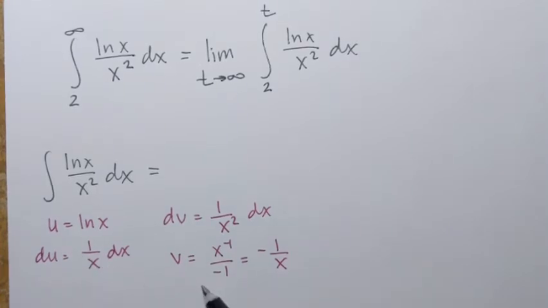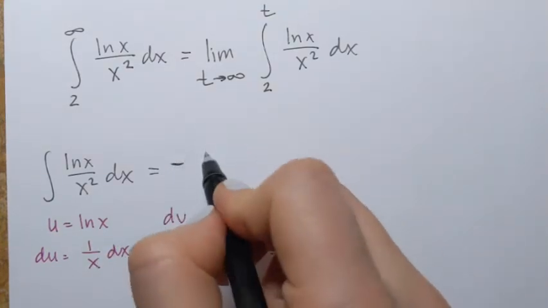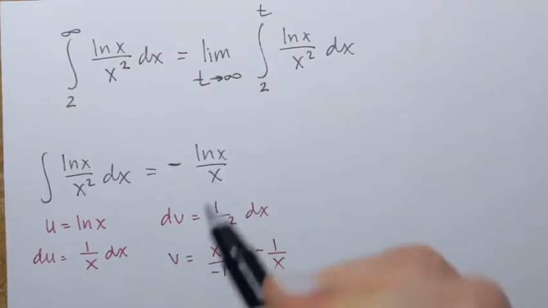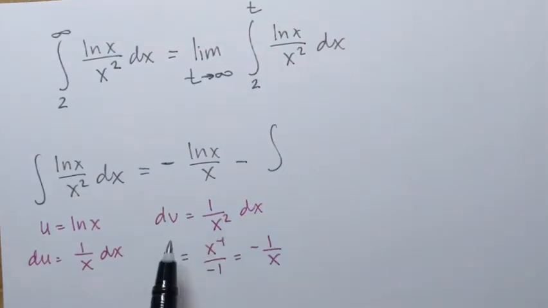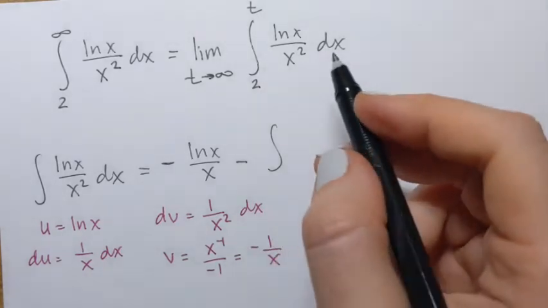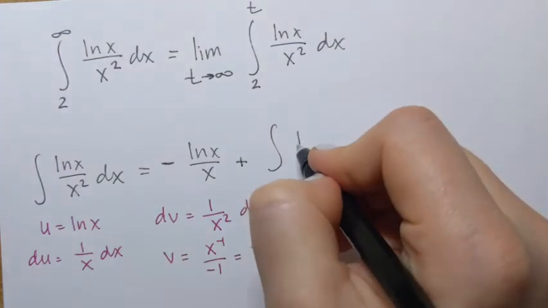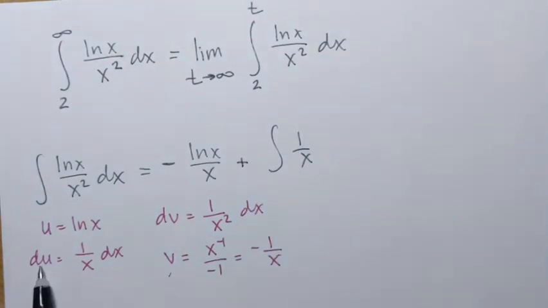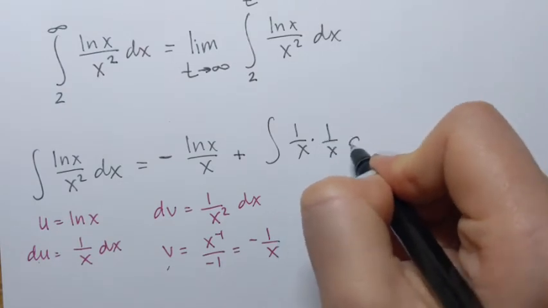u times v, so that's negative ln of x over x, and then minus the integral of v du. v is negative 1 over x, so I'll put that negative in front and this becomes positive. So 1 over x, that's v times du. du is another 1 over x dx.